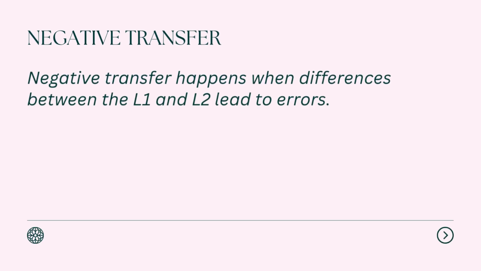Negative transfer happens when differences between the L1 and L2 lead to errors. In a nutshell, negative transfer is all about using the rules of your first language, your L1, that don't really connect with your second language.